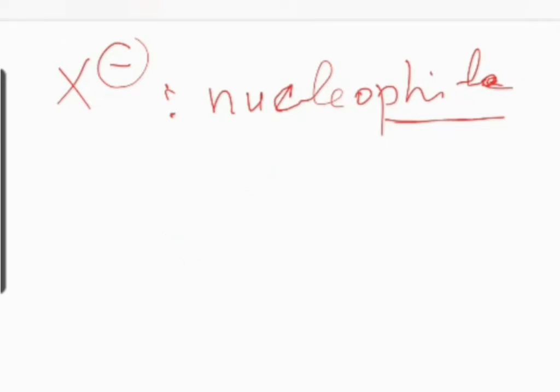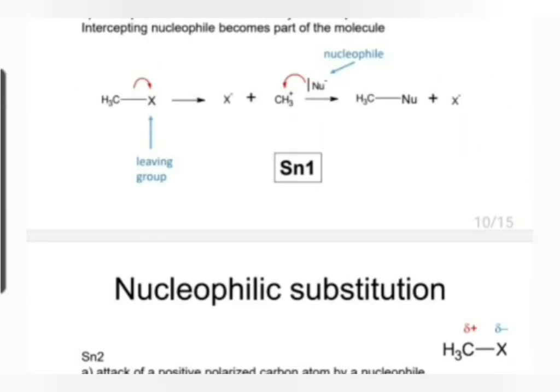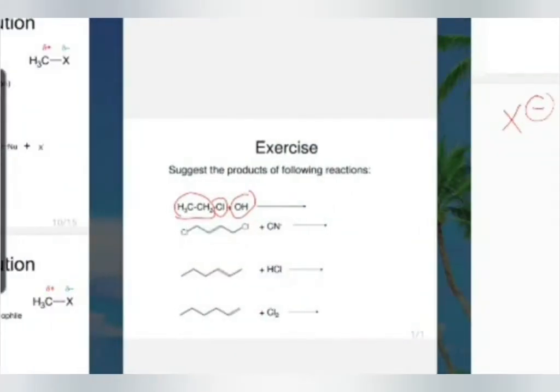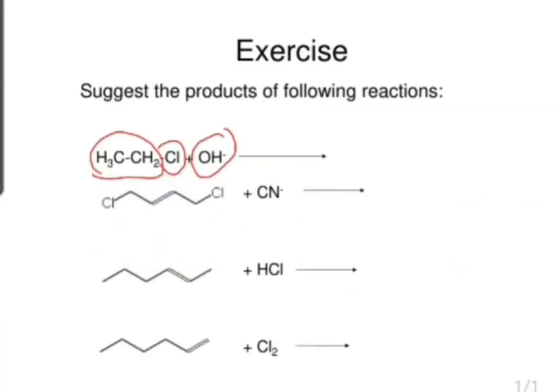So the nucleus of an element contains protons and has a positive charge. So something which wants to make friendship with a positive charge is definitely a negative charge. This is a nucleophile, which is the case here. So the OH minus here in this example is a nucleophile. And therefore we might think of a nucleophilic substitution.